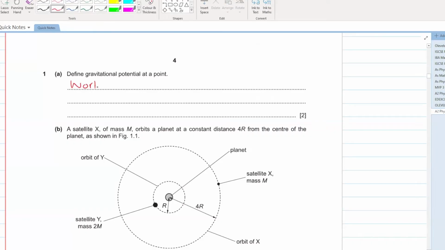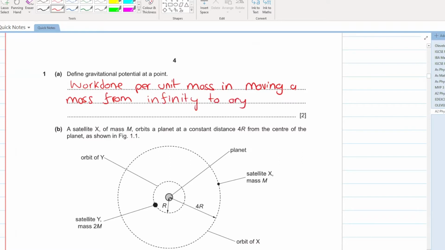Work done per unit mass in moving a mass from infinity to any point in the gravitational field.